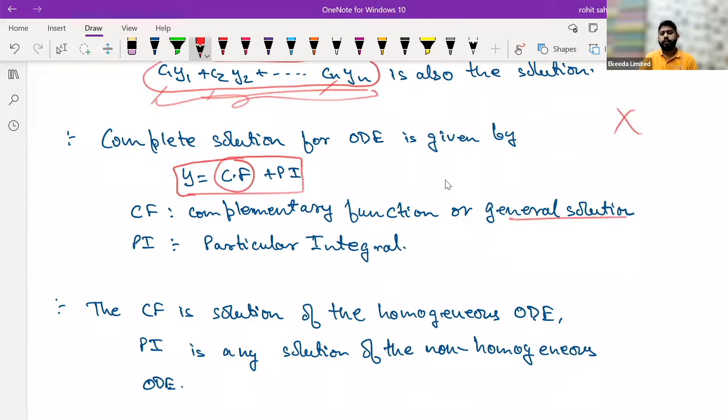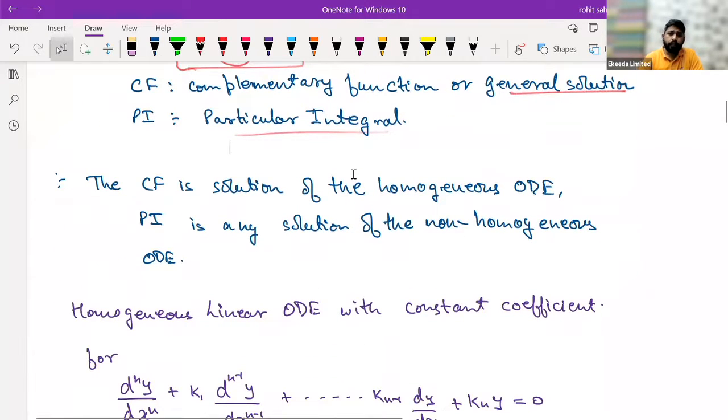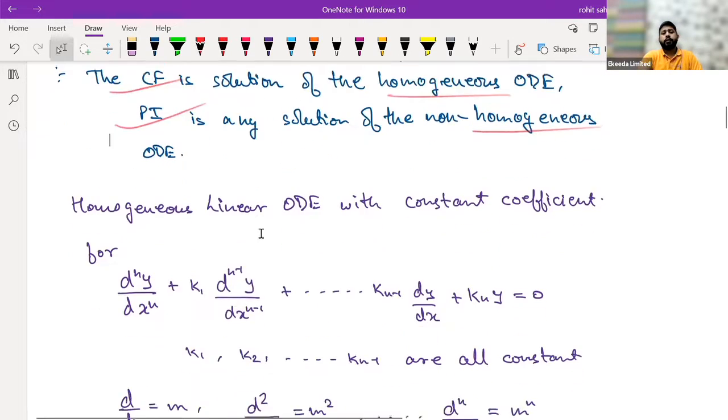So complementary function is just the general solution. Particular integral, which you generally get only for the non-homogeneous. Homogeneous के लिए 0 माना जाएगा. So that along with the complementary function makes your solution complete. ठीक है, ये लिखा हुआ है, non-homogeneous, homogeneous के लिए complementary और particular integral आ रहा है. Fine, I hope this is clear.